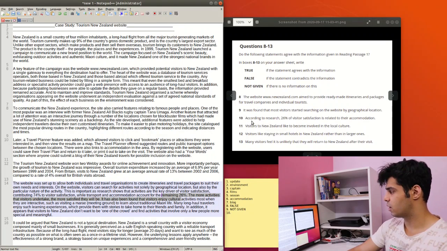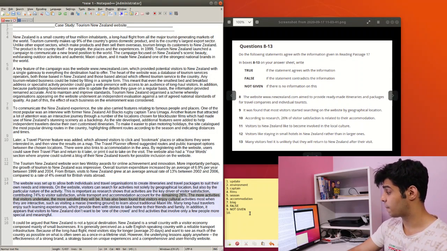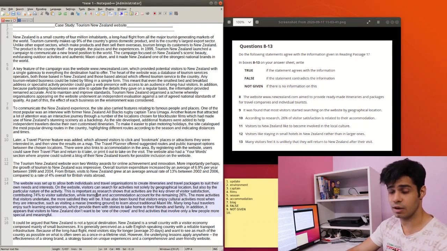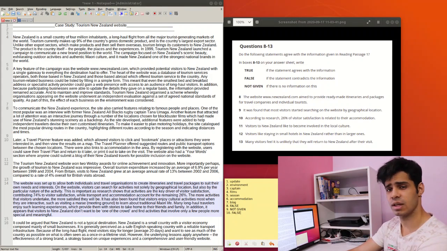And over here it says, according to research, 26% of satisfaction is related to accommodation, which is not true, right? Because how can 26% be related to accommodation when some part of it is definitely based on travel as well? So I would say that this is false in this case.